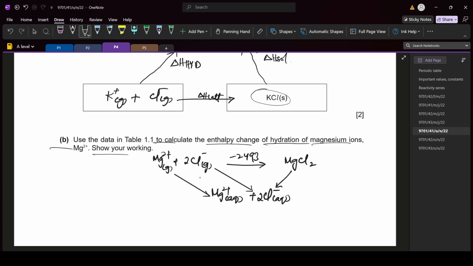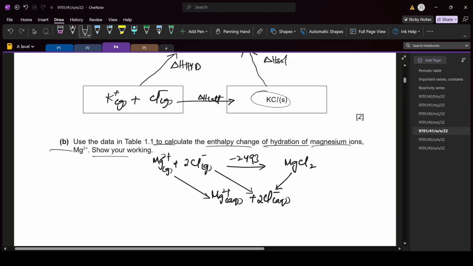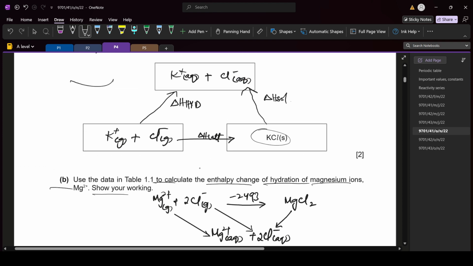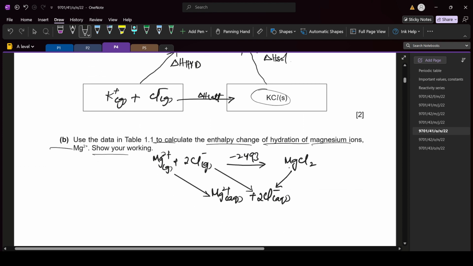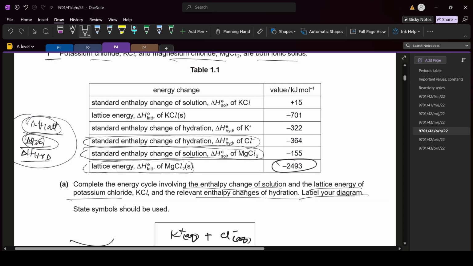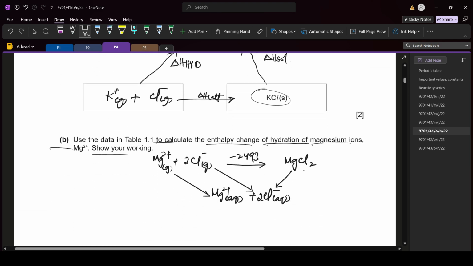Now the cycle is completed. You just have to put in the values. This is the enthalpy change of solution of magnesium chloride, and you are given the value, negative 155.